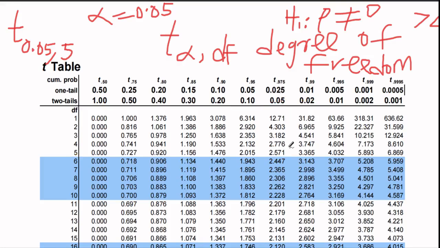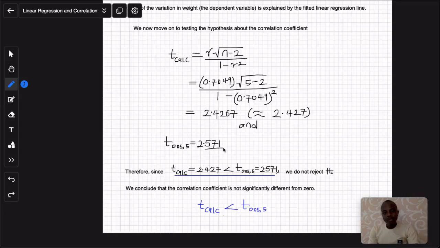So we've gotten our t value to be 2.571. Three digits after the point, but we have 4 here, so I made it 3, to facilitate a good comparison.